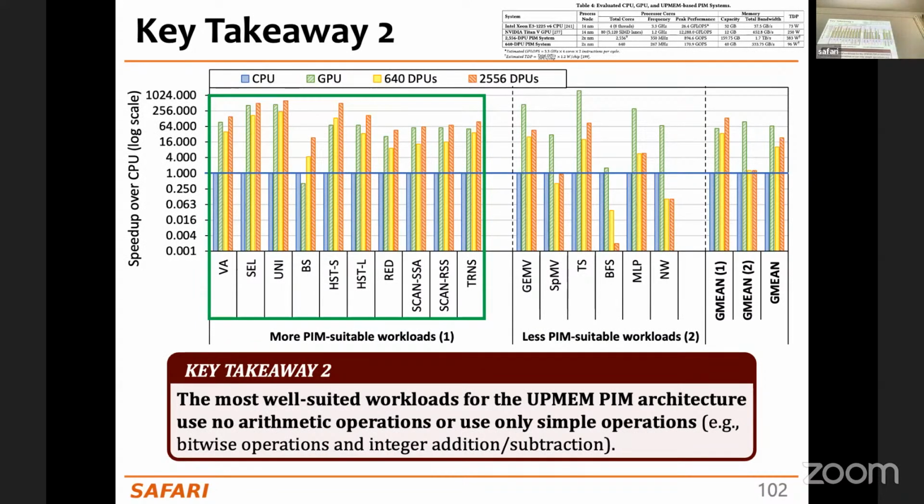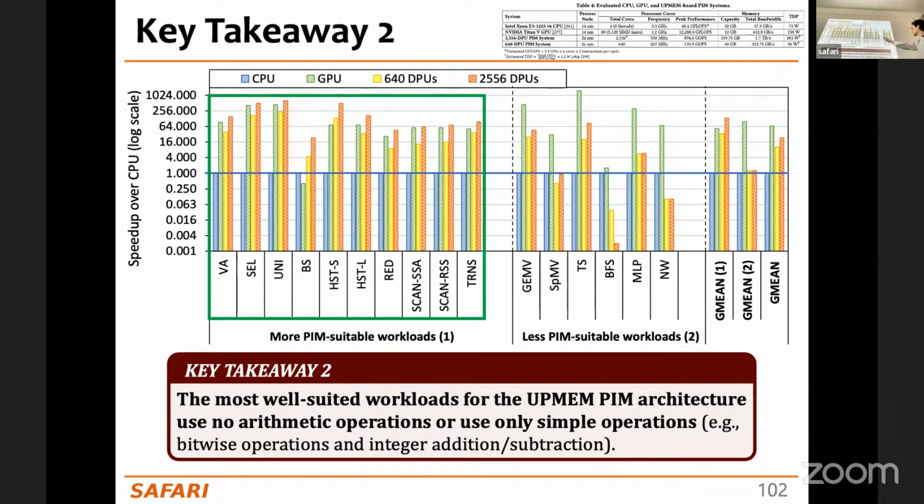Another key takeaway, and this comes from the comparison to CPU and GPU, is that because the processors are not very powerful, the workloads that are more suitable for these DPUs are those that don't require many arithmetic operations or use only very simple arithmetic operations, ideally integer operations, and addition and subtraction that are faster.